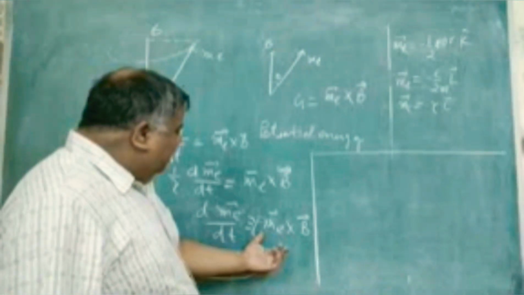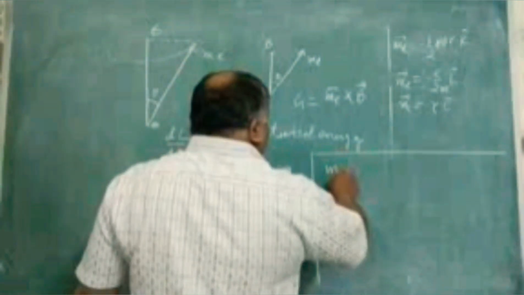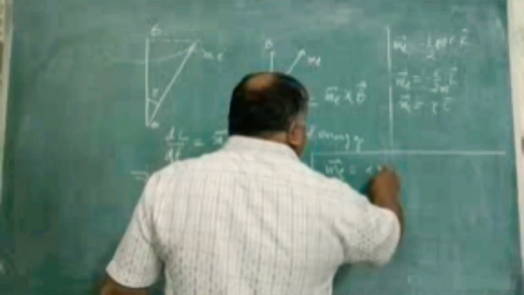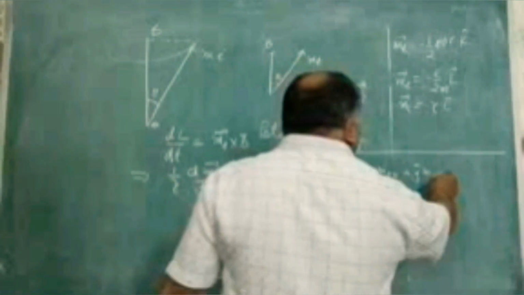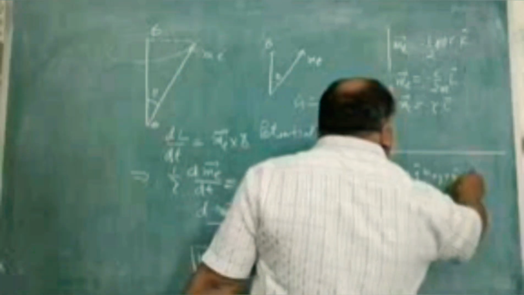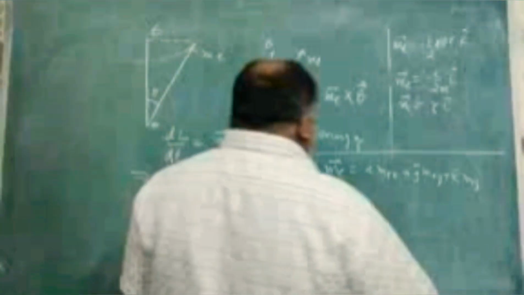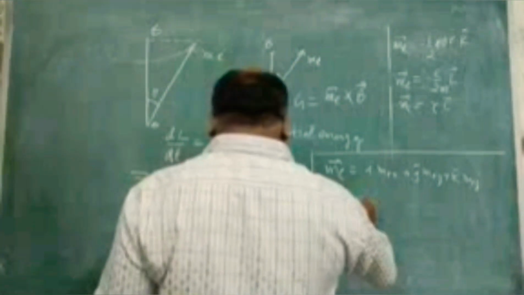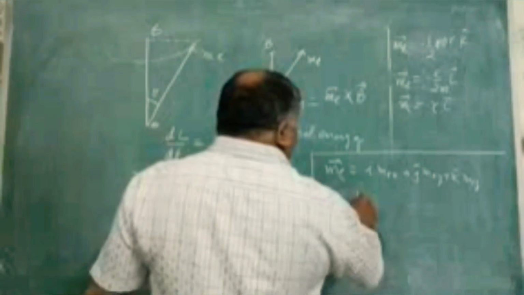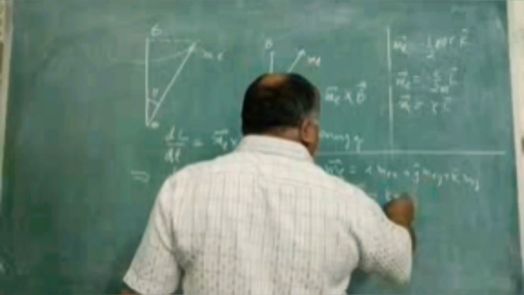This is nothing else, gamma m_l cross B. m_l has the components i m_lx plus j m_ly plus k cap m_lz. B is along the z axis.